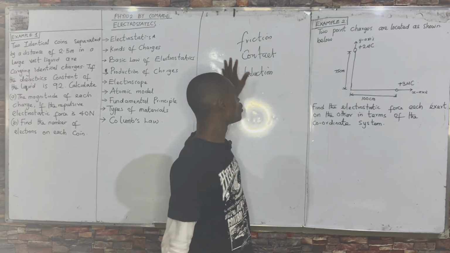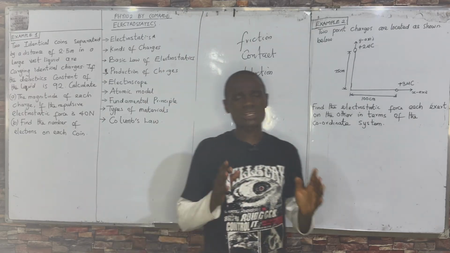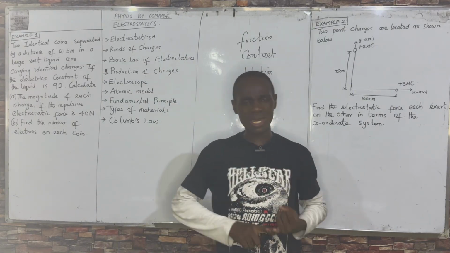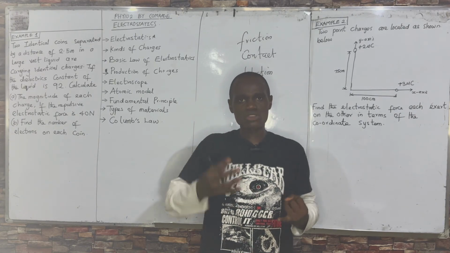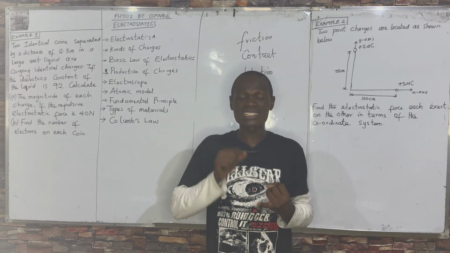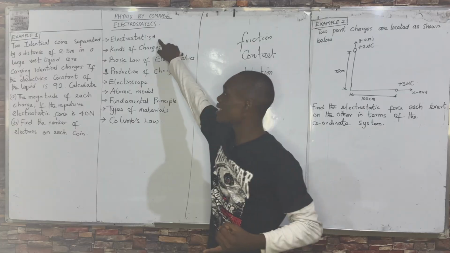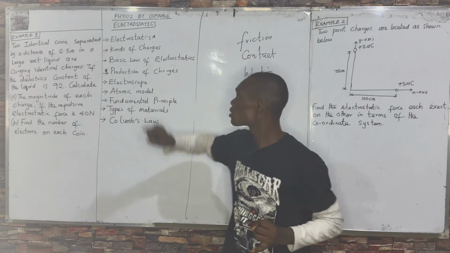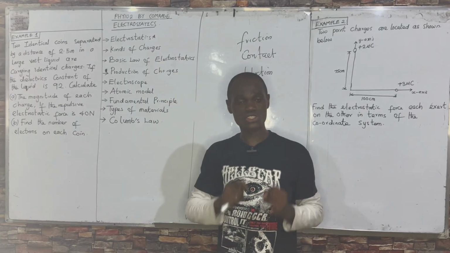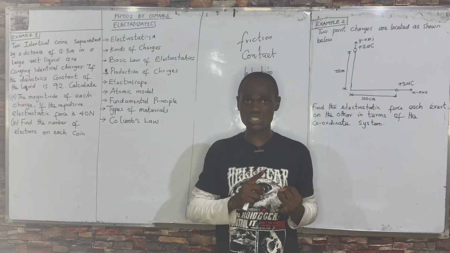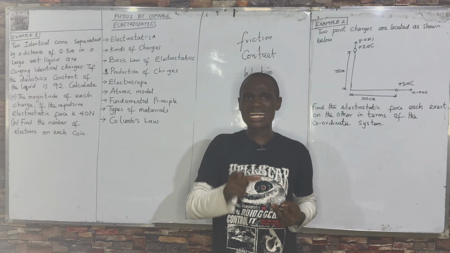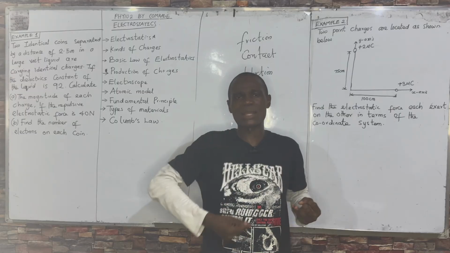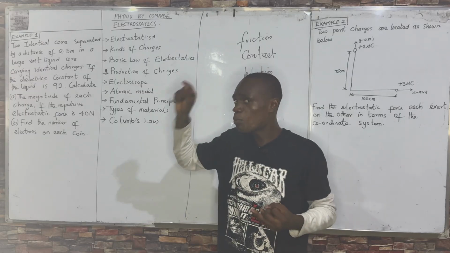So what you must understand up to this point is, number one, the branch of physics that deals with the interaction of charges at rest is called electrostatics. Is that clear? There are two kinds of charge, the positive charge and the negative charge. When there is deficiency in electron in a material, you have what? Positive charge.